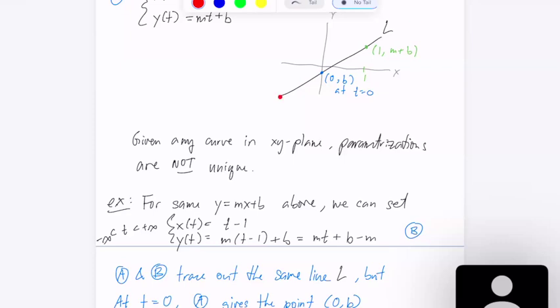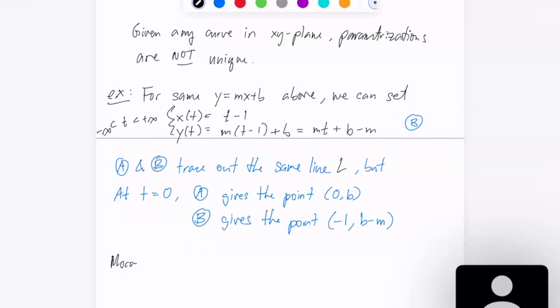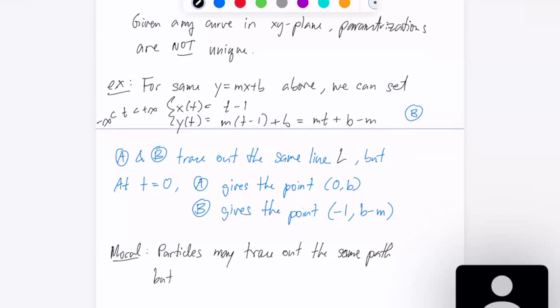If you start at 6 p.m., well, at 6 a.m. you haven't even cleared any path yet, and then it eventually progresses starting at 6 p.m. instead. So it gives you more information on precisely at what time your particle is at what particular point, even though the image might be the same. So the moral of the story is particles may trace out the same path, but have different parameterizations. All right.